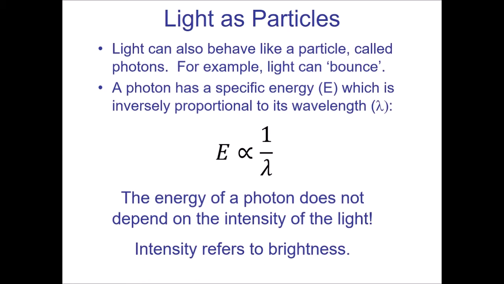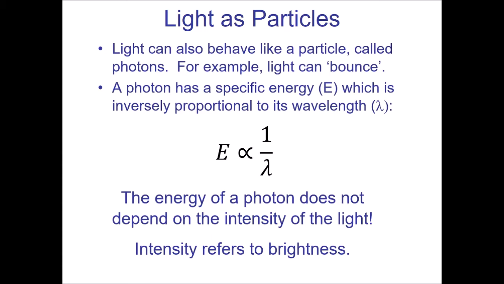This is not quite the same thing as the brightness of light. Intensity of light refers to how bright an object is, and that's more about the quantity of light instead of the actual properties of that light. So you could have a blue photon and a red photon, and we would say they have the same intensity because it's just one photon each. The blue has more energy than the red, however.